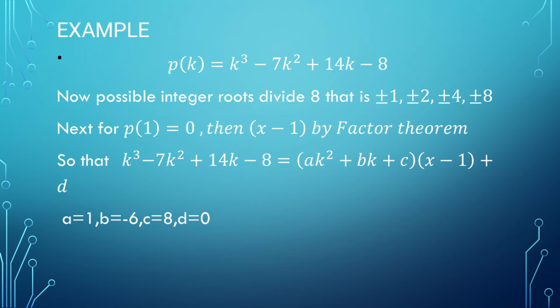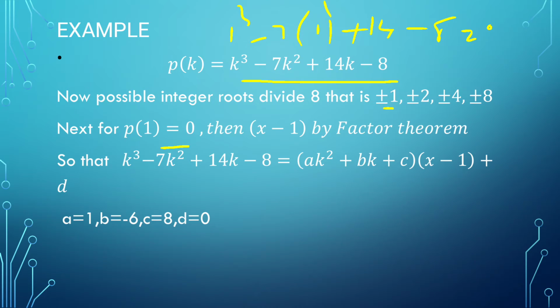So if this is our P(x), but in this case we have a function of k, and this is the equation that we have here. A solution that will give 0 is with P(1). If you substitute 1 here, 1 cubed minus 7 times 1 squared plus 14 minus 8, the answer will be 0.